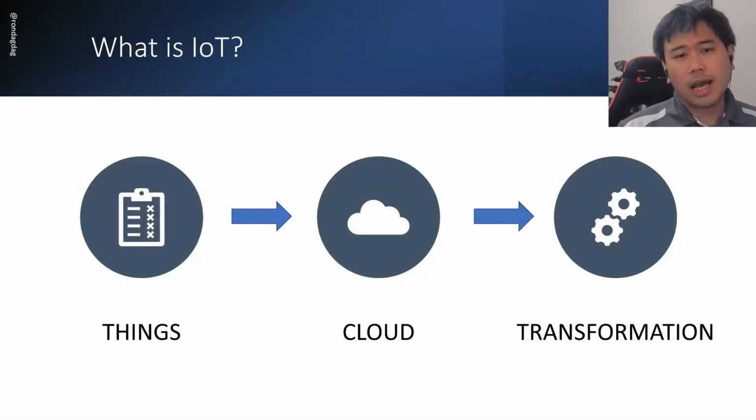What is IoT? IoT can be summed up with these three things, right? You have a thing that's sending data to the cloud, and you use that data to transform it where you can use it for business applications, or not just business but maybe home automation.